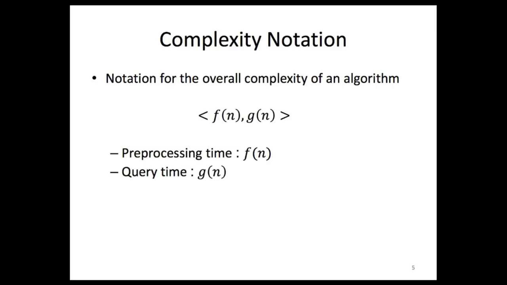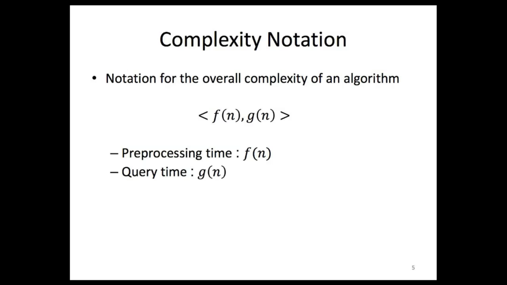First, let's get the notation out of the way. Whenever I talk about any of the algorithms in this paper, we talk in two terms, and the notation is <f(n), g(n)>, wherein f(n) is the big O time complexity of pre-processing the input, and g(n) is the complexity of actually querying this data structure to answer the question which you asked.